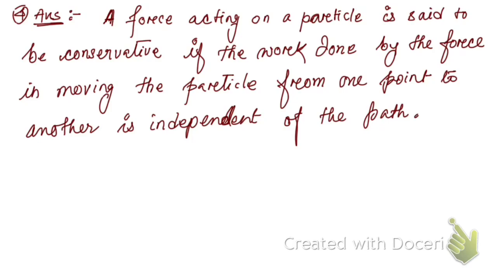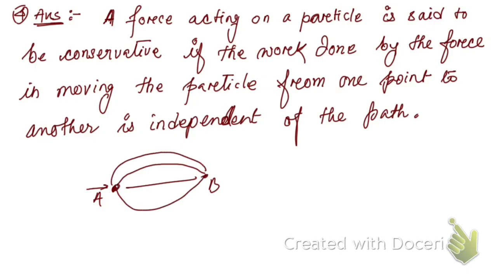So what does it mean? Suppose this is a particle, you are applying a force and it is displaced from A to B. The work done by the force acting on this particle should not depend on which path it is moved through, this path or that path, it doesn't matter.